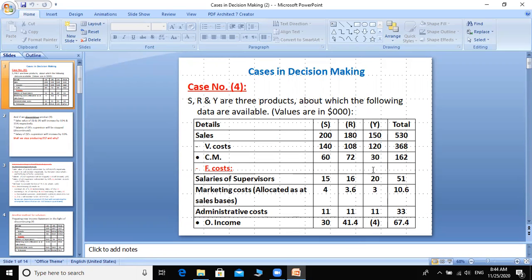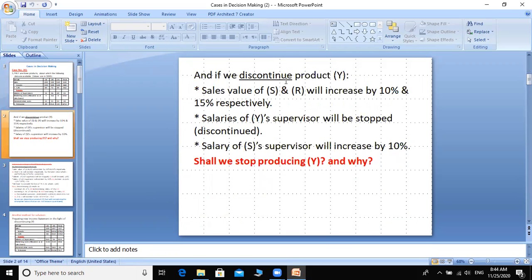As Y has a negative operating income, he told me that if we discontinue product Y, sales value of S and R will increase by 10% and 15% respectively.